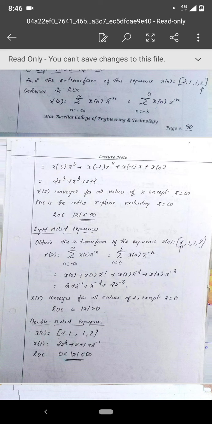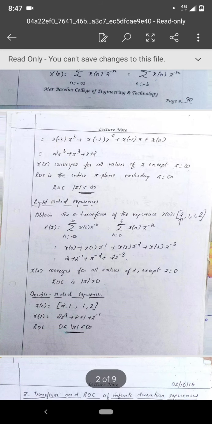So what is the ROC? The ROC will be magnitude of z less than infinity. You can accept any value of magnitude of z less than infinity. That was the case of a left-sided sequence, and we'll see what happens for a right-sided sequence.